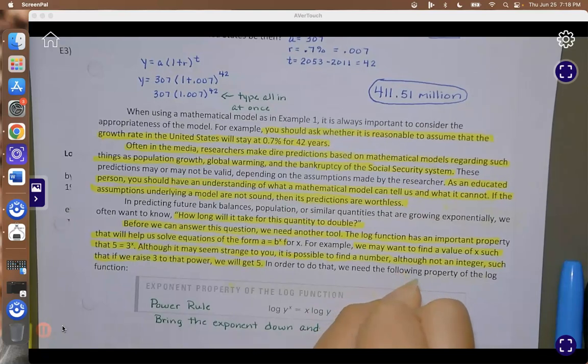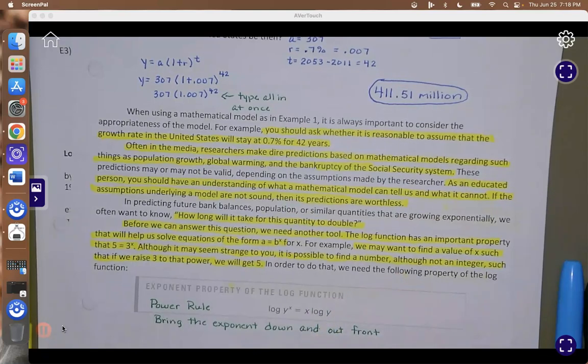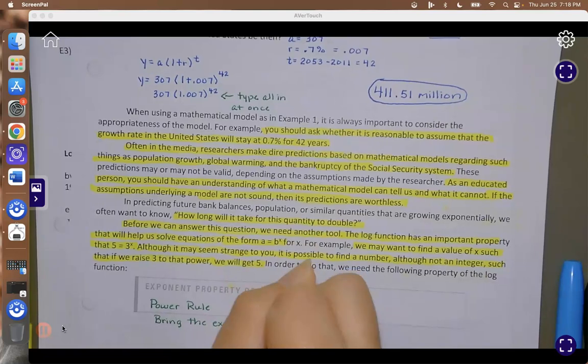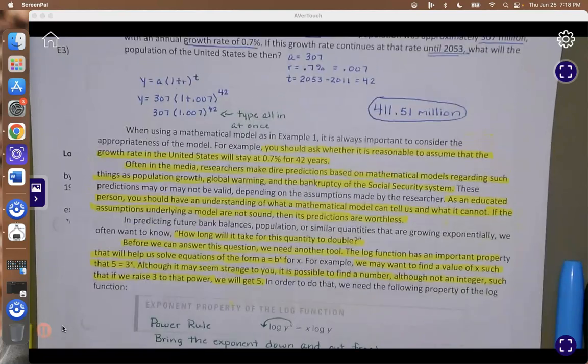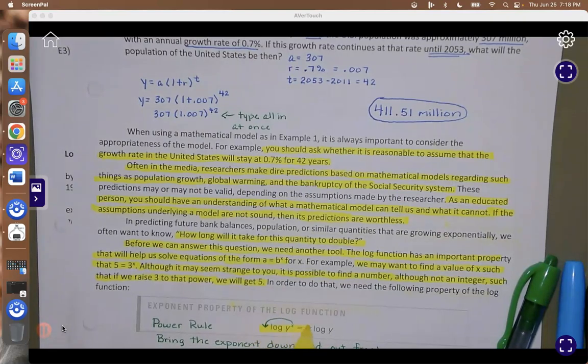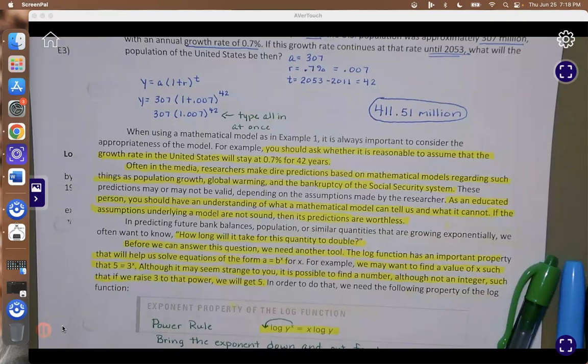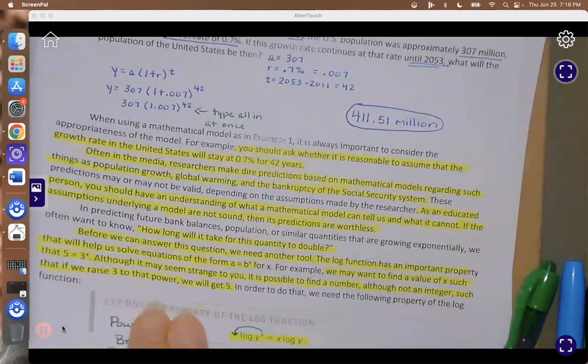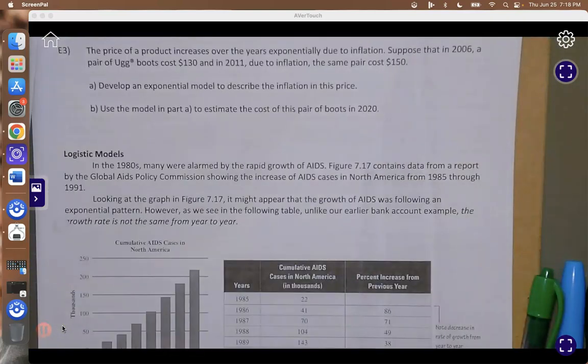So remember what we said with powers. What do we do with powers in exponents? We multiply them. So what we can do is take this power, because logs are just like cousins of exponents, and bring this power down and it becomes a multiplication fact. Okay? So I'm going to highlight this right here. All right. So we're going to do example 2 and 3, and then we will be done for today.